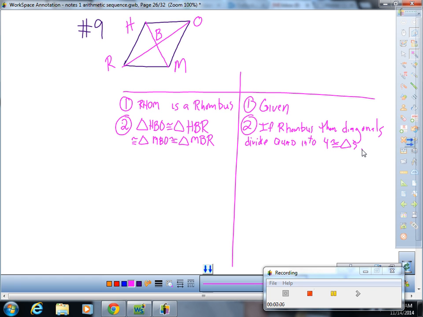So now I can say that angle HOB is congruent to angle MOB. I can say that angle HRB is congruent to angle MRB.